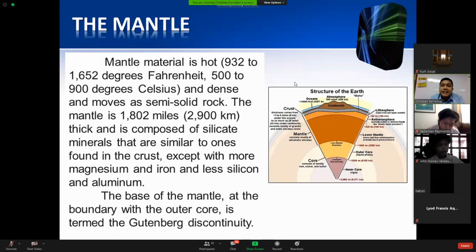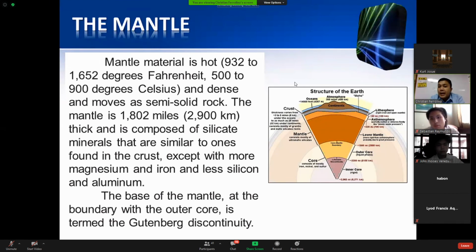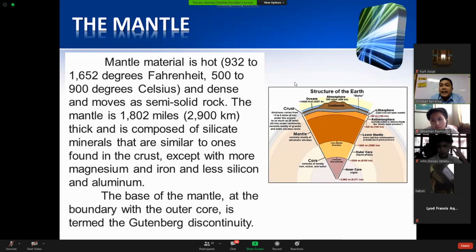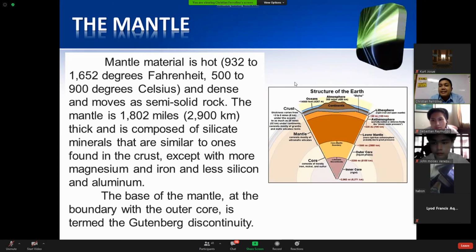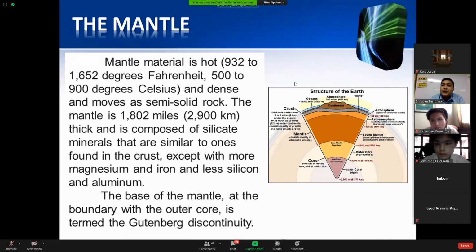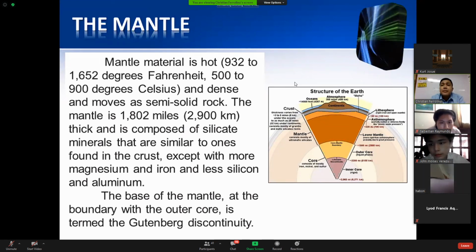Having the characteristic of a fluid, these semi-solid particles create convective currents inside the mantle. So nagkakaroon na ngayon dyan ng mga magma. Dahil nga mainit siya, yung mga materials na yan ay medyo natutunaw na.